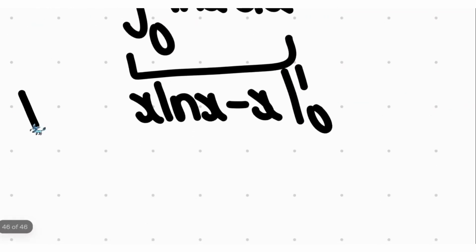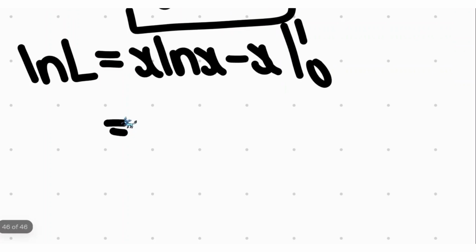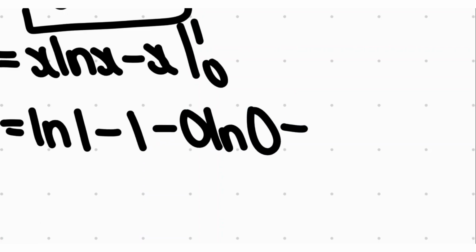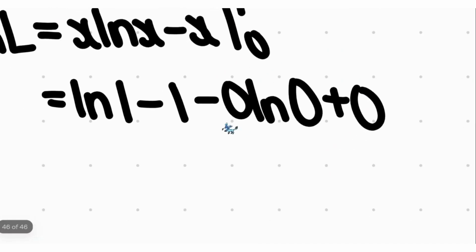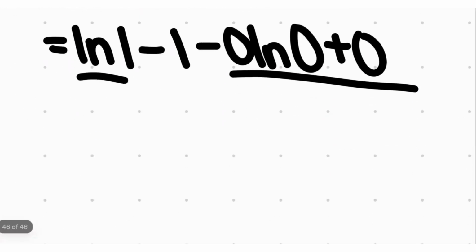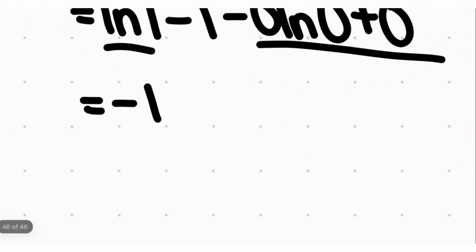So this is equal to natural log of 1 minus 0 times the natural log of 0 plus 0, which these terms don't really make a difference. This term also doesn't really make a difference because it's just 0. So it's equal to negative 1, sorry.